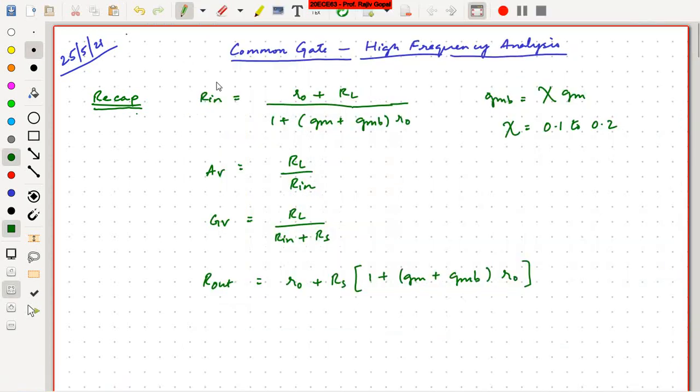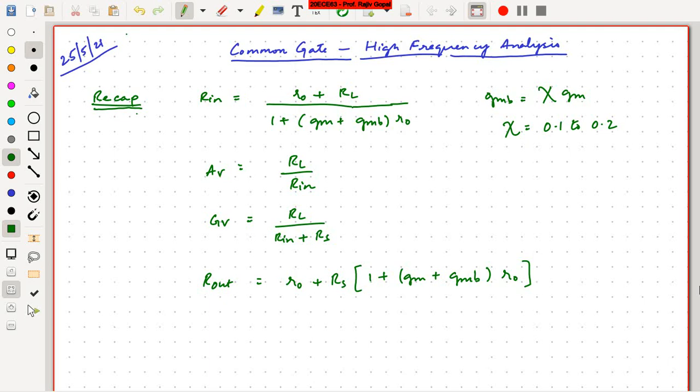All right. So in the last class, we started with the common gate configuration, the common gate amplifier. In that, we have taken into account the body effect. Due to this body effect, you have an extra term appearing called GMB. The reason is the drain current.